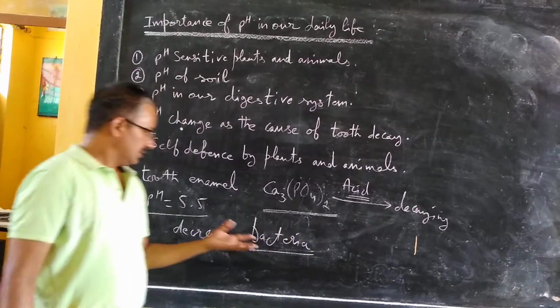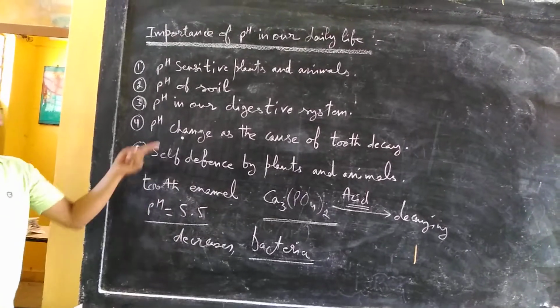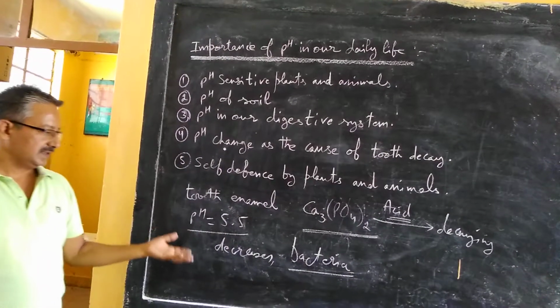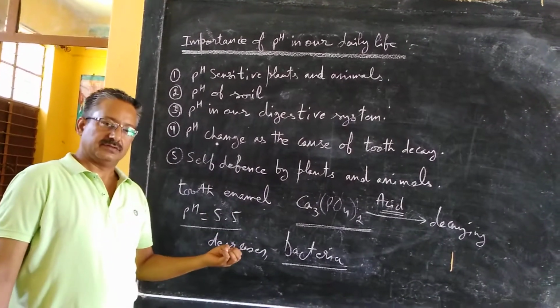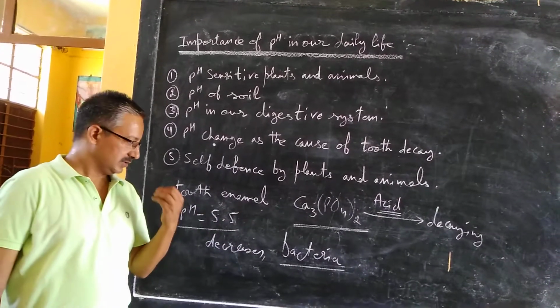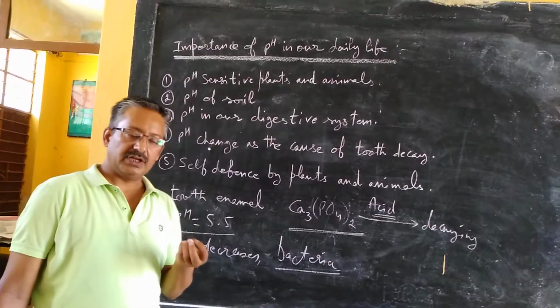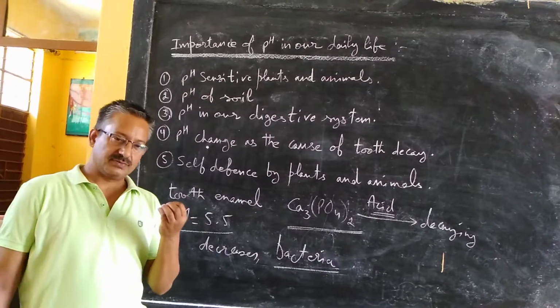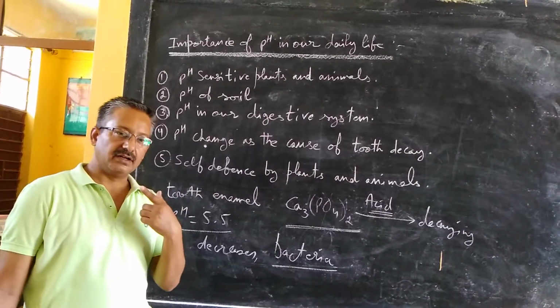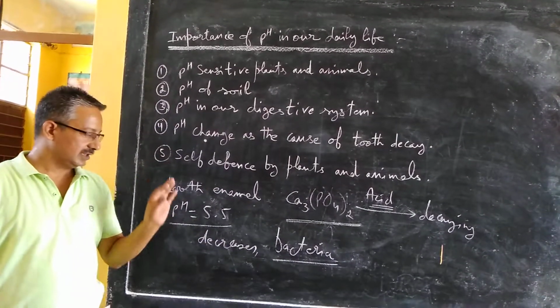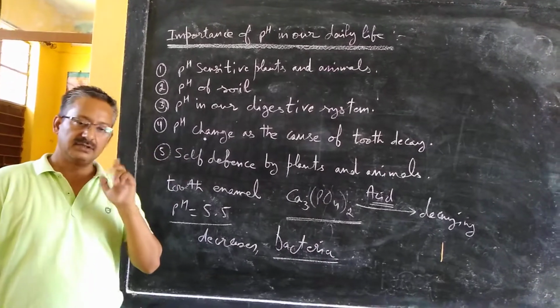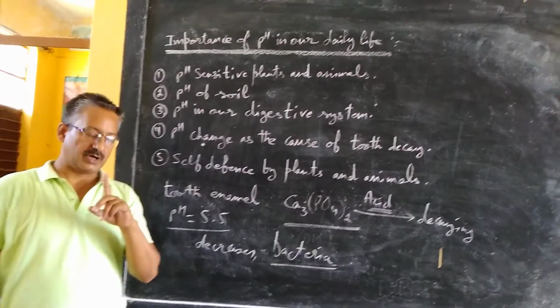So, what is the best method for saving from this? The best method is, whenever we eat anything, we should gargle properly. We should wash our mouth from all sides internally very properly, so that there is nothing stuck with the teeth or in the mouth.